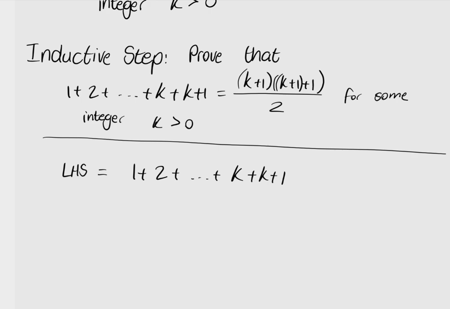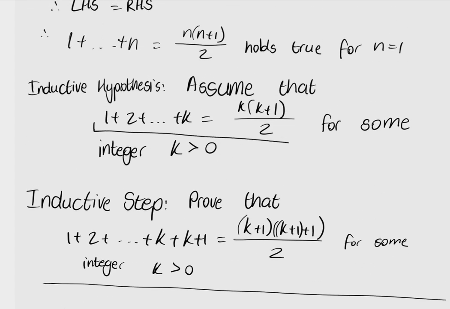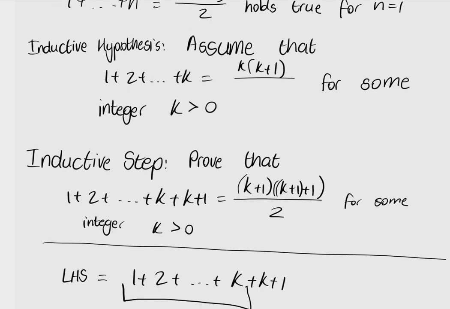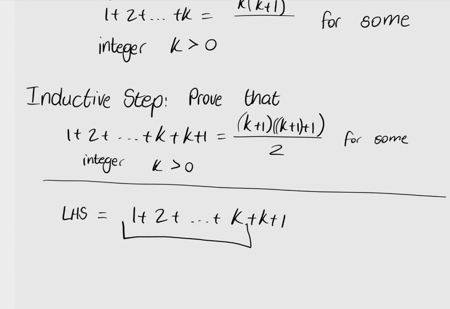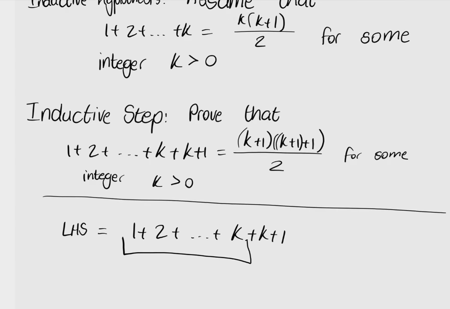What we must notice first is that this part here is exactly the same as this here. And we know, by the assumption in the inductive hypothesis, that this is equal to k times (k plus 1) all over 2.